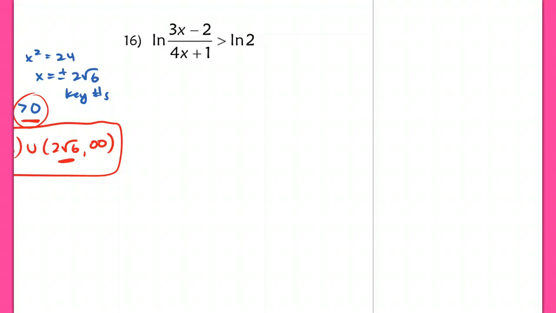So when you see this, you can take the exponential on both sides here to cancel this out. But also you can just tell, because of the arguments here, that 3x minus 2 over 4x plus 1 has to be greater than 2. So this is the inequality that we're going to solve.